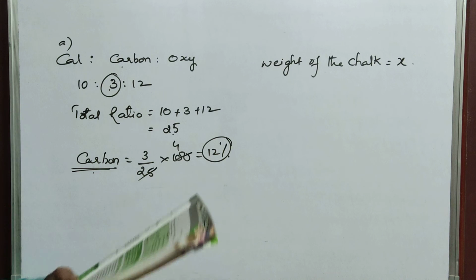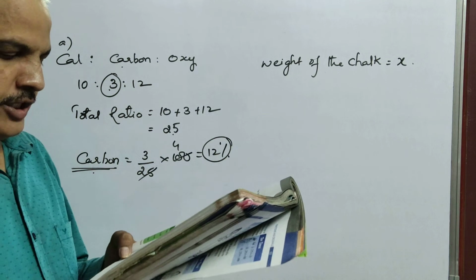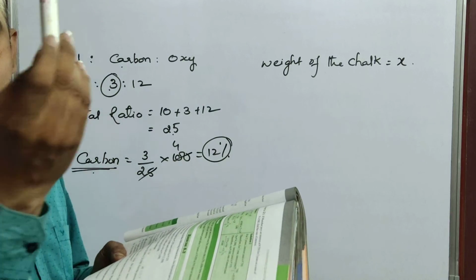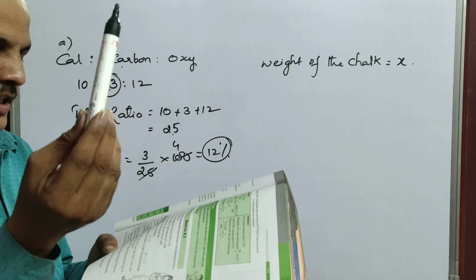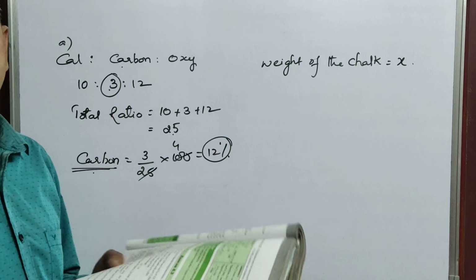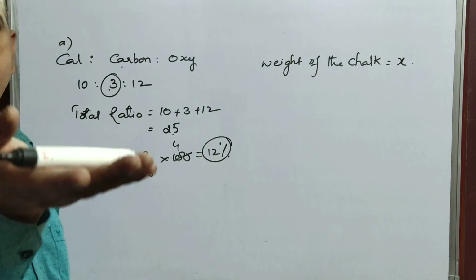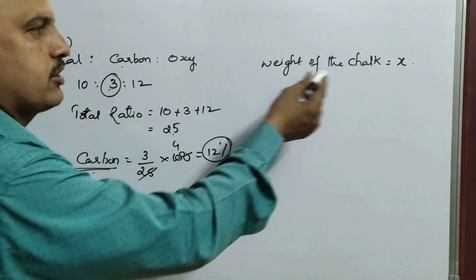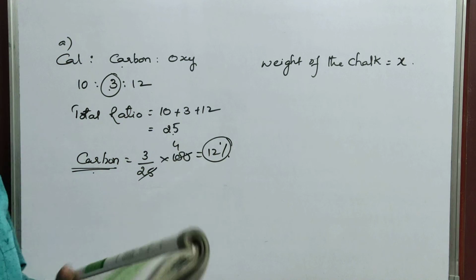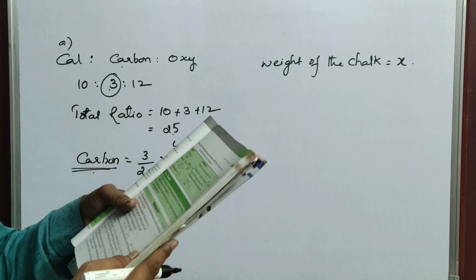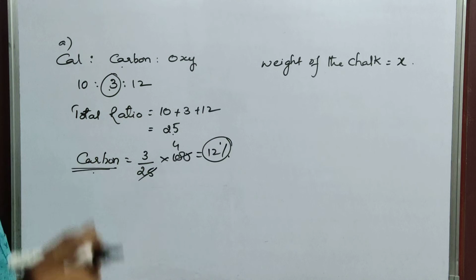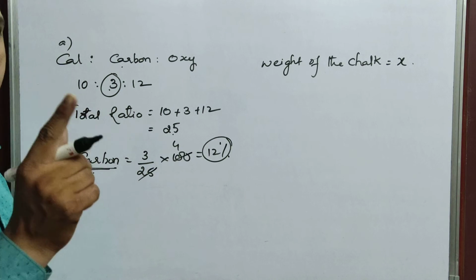Okay, see, once again I am telling you. The second question is, if in a stick of chalk the carbon is 3 g, what is the weight of the chalk stick? So weight of the chalk stick we don't know, that is X. But here he has given carbon is 3 g.